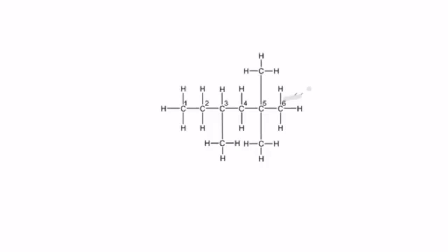Just give it a try: pause the video and try to write the name of this structure. I'm waiting for you to write it, then I will write it for you. Then you can mark yourself if you got it correct. But I trust you are getting this.